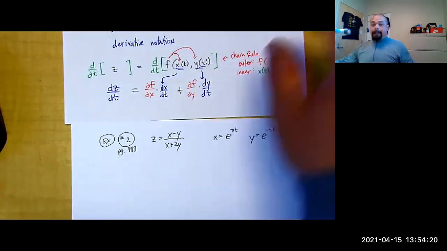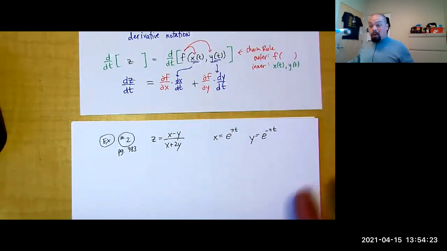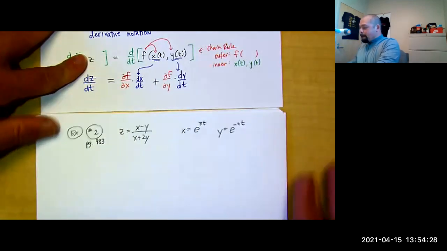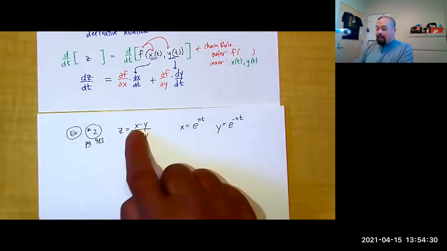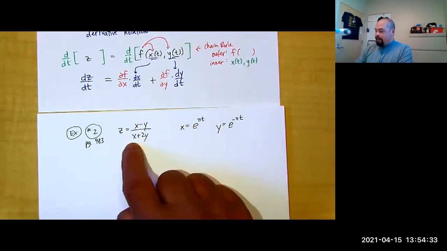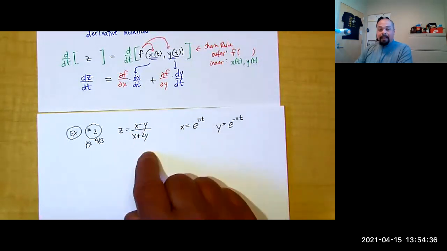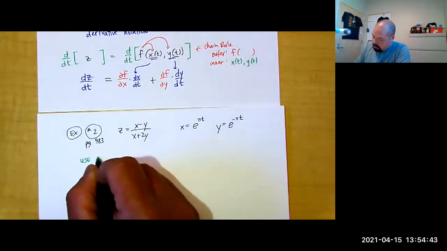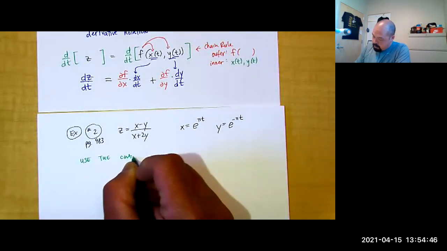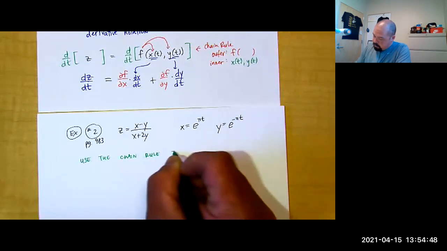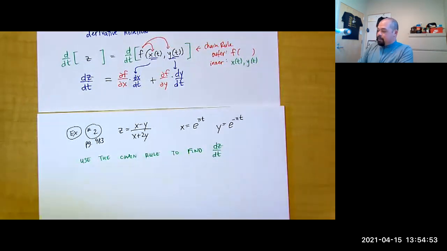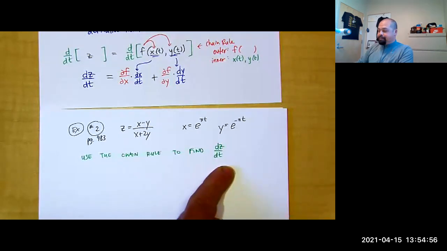Realistically, it might create more work in terms of complications of all these different expressions involved, but we could just make that substitution, let x take on e to the pi t, y be e to the negative pi t, and go through that work. Everything's in terms of t alone. But let's use this chain rule to find that dz dt, how z is changing with respect to t.